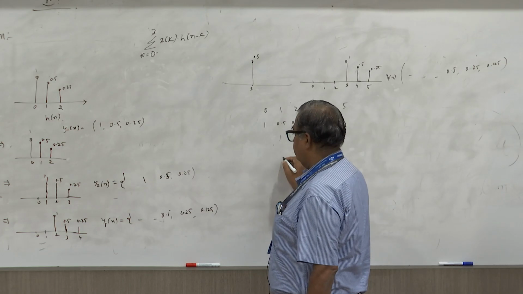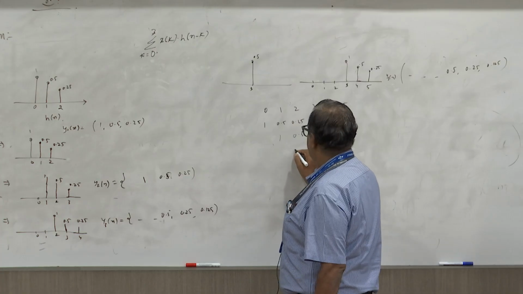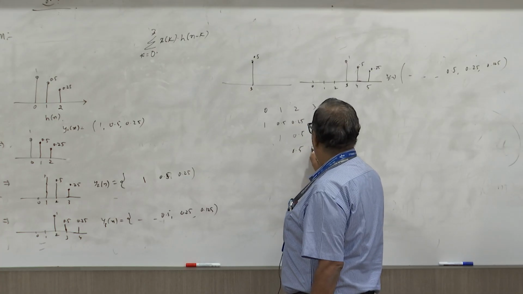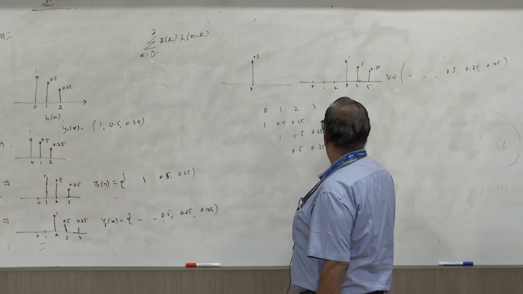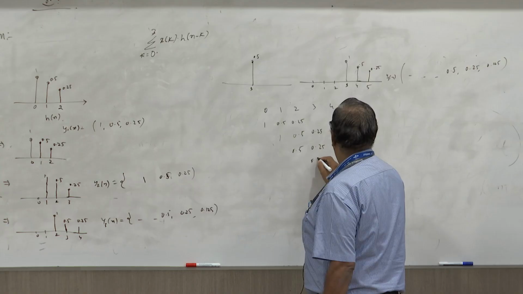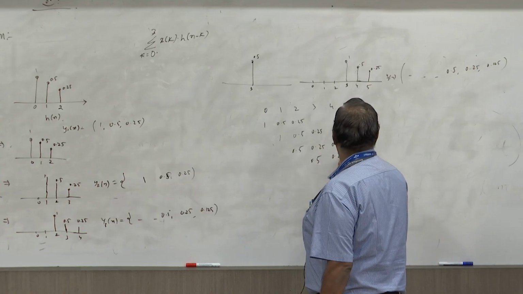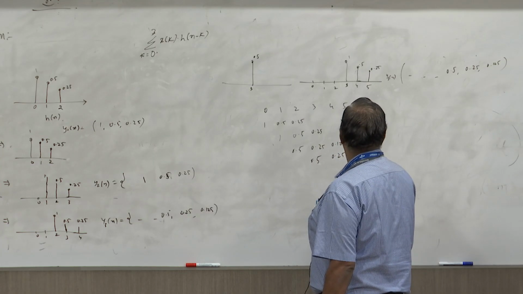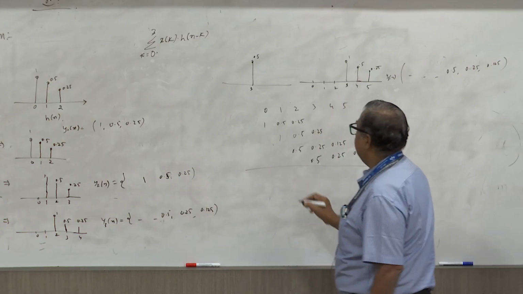The third one is 0.5, 0.25 and 0.125. The fourth one is 0.5, 0.25 and 0.125. So we will try to add these.